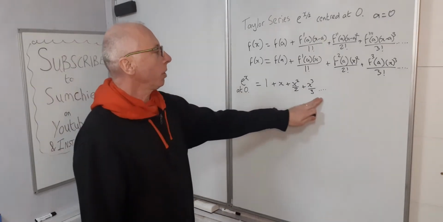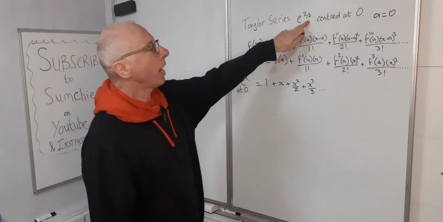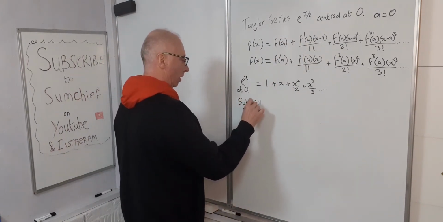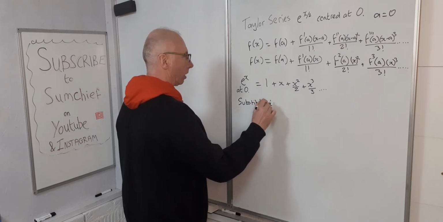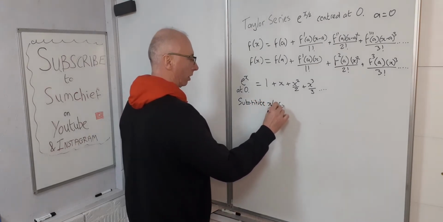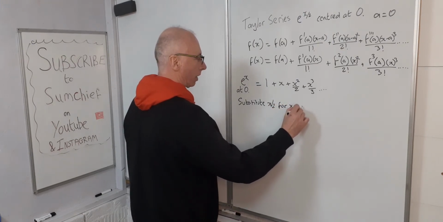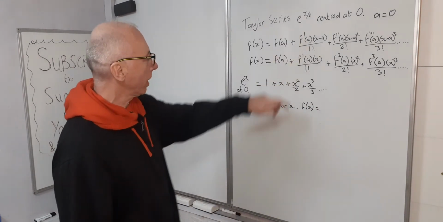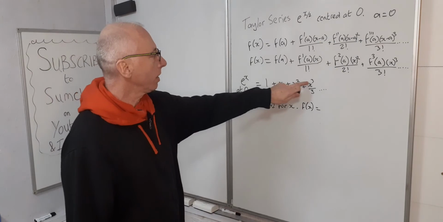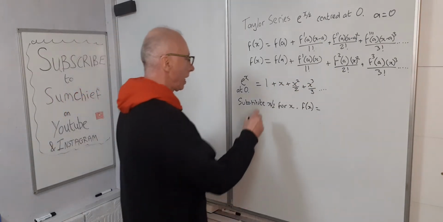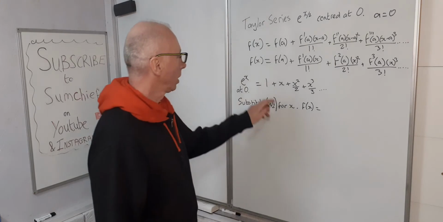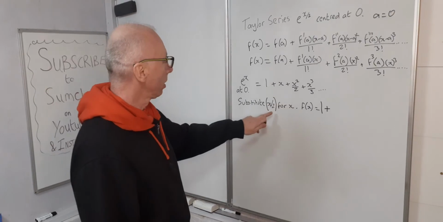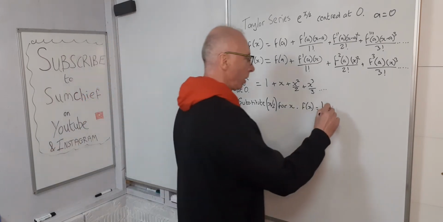So as this is centred at 0, what we can do now is substitute x for x over 2. So that gives us now f of x. Wherever we see an x in this Taylor series, we just substitute x over 2. So 1, there's no x in that, so that stays. x is here, so we just substitute x over 2.